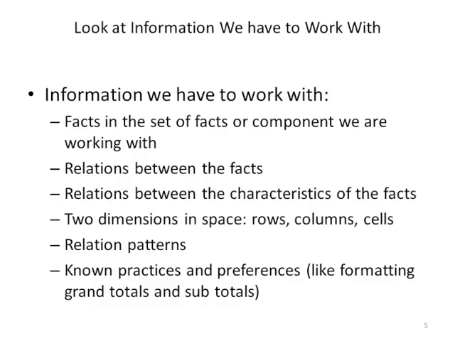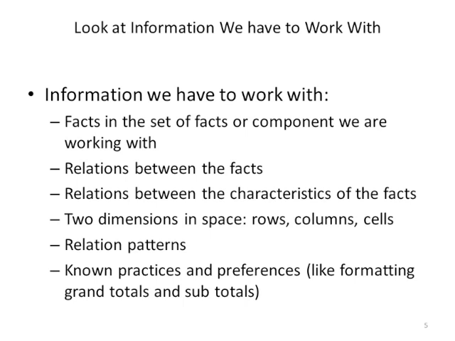What information do we have to work with? Well, we have the facts themselves that are in the component. We have the relations between the facts. We have the relations between the characteristics of the facts. We have a two-dimensional workspace, basically rows and columns and cells that make up what amounts to a page of paper.